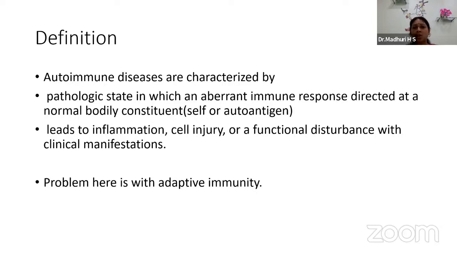So remember, though it is termed an antigen, in this scenario of autoimmunity it is actually a normal tissue itself. And this leads to inflammation, cell injury, and other functional disturbances. So here the problem is with the adaptive or acquired immunity only. We will look at the types of immunity in subsequent slides.